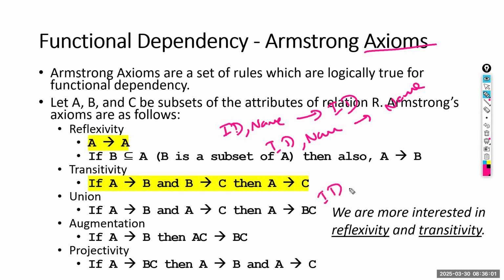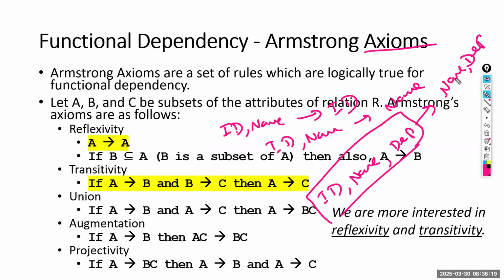Say ID, name, comma, department functionally determines name, comma, department, or ID, comma, department, or ID, comma, name, because you know all three. So of course you know any of the combinations or any of the individuals because you know all three.